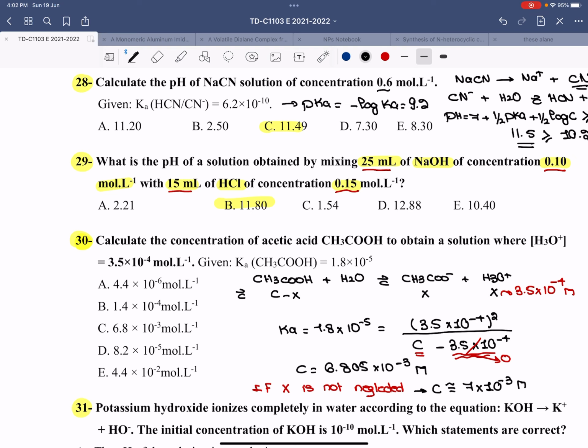Now, if you look, not much difference, okay? But you can always neglect, however, check the error. Check that your error is less than 5%. So 6.8 times 10 to the power negative 3.